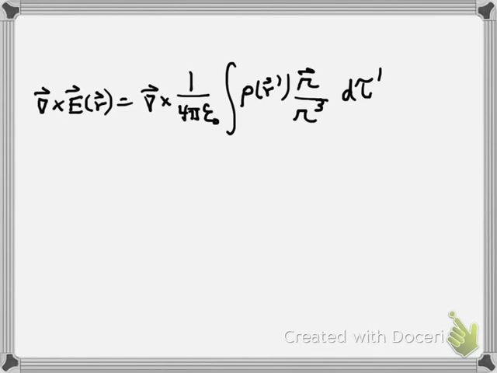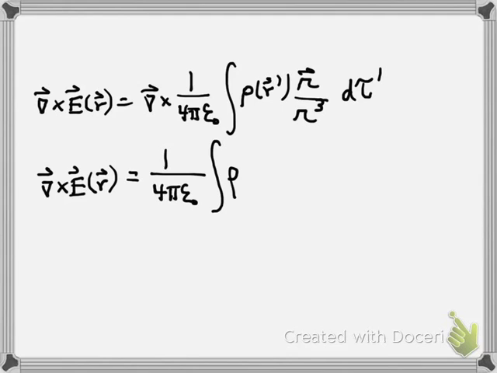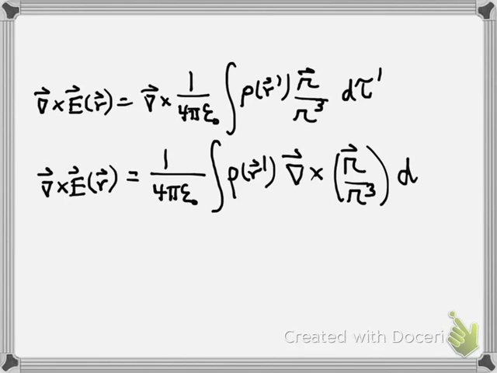Now since the curl is with respect to the unprimed variables, I can bring it inside the integral and have it only operate on the variables R. So that looks like this. Notice that it doesn't depend on R prime, so I bring it through. It's only going to operate on my script R over script R cubed and not on d tau prime.